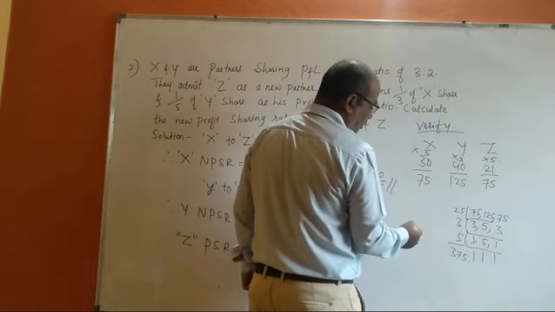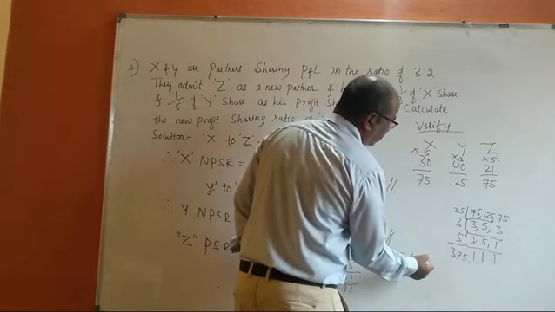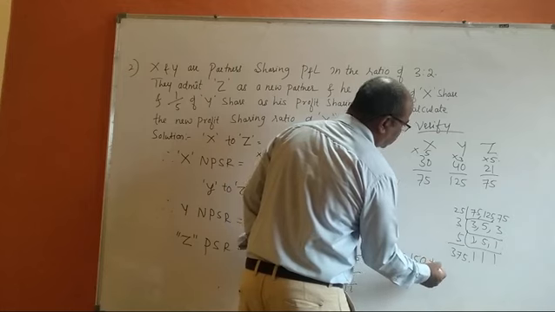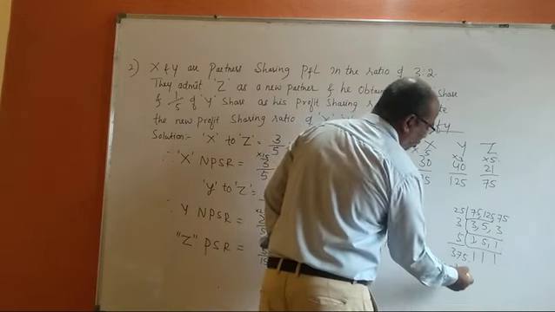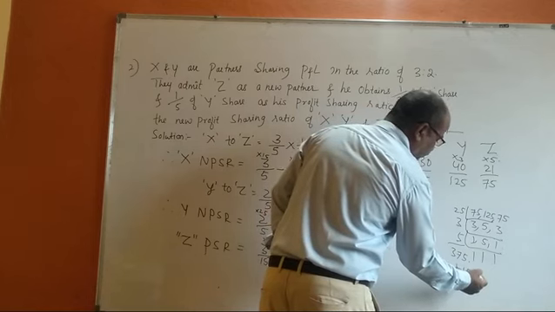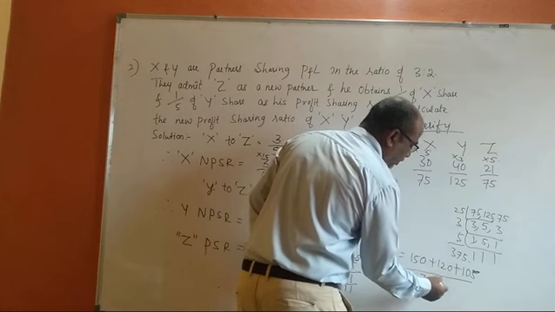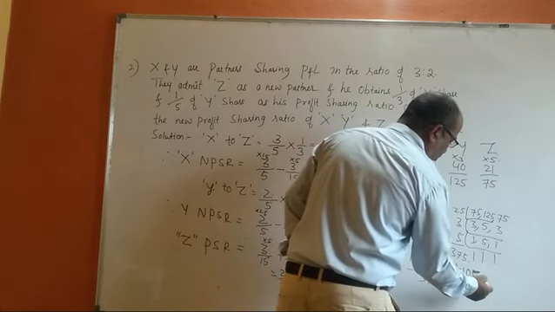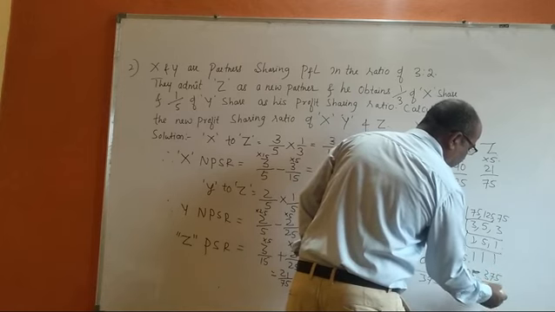So that will be equal to 150 plus 120 plus 105, divided by 375, equal to 375 divided by 375.